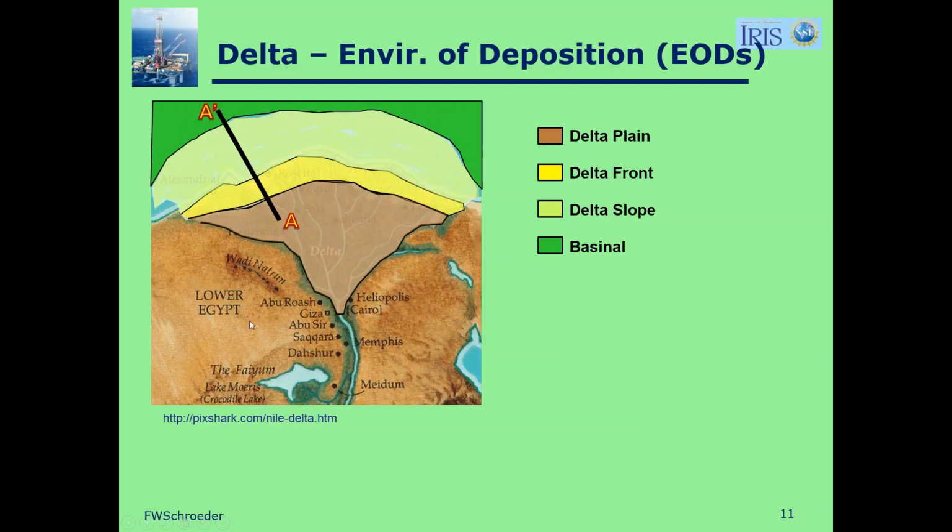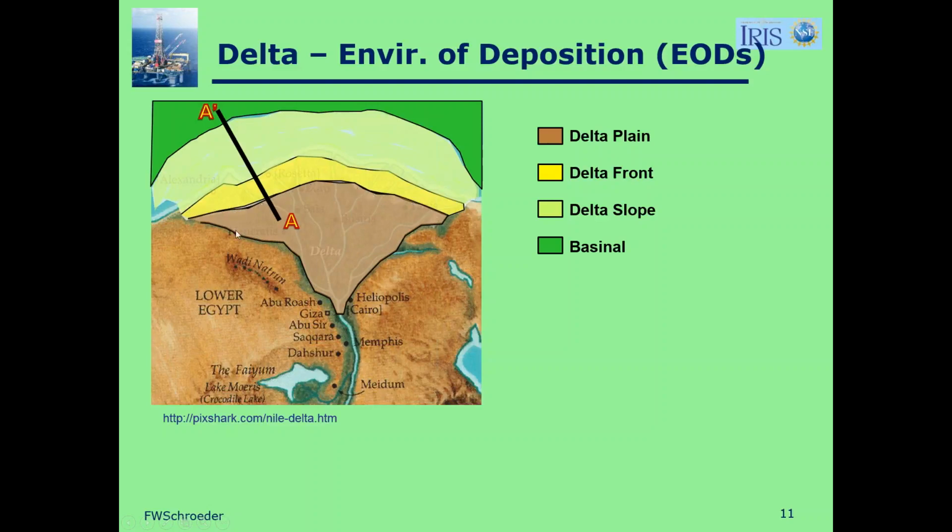This is a diagram of the Nile Delta, so the Nile River depositing water and sediments out into the Mediterranean. We have the fluvial part, which would be down here in the south. Then in the light brown is the delta plain. That is the area that would be very close to sea level.